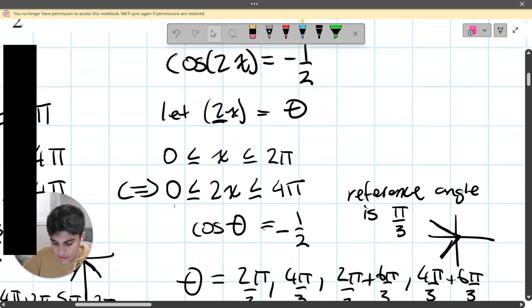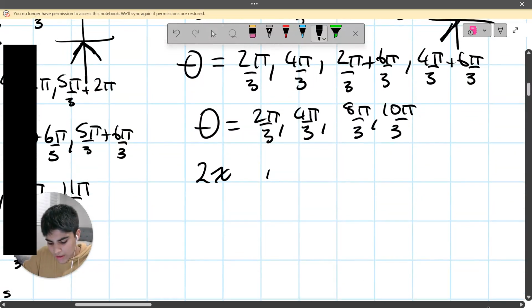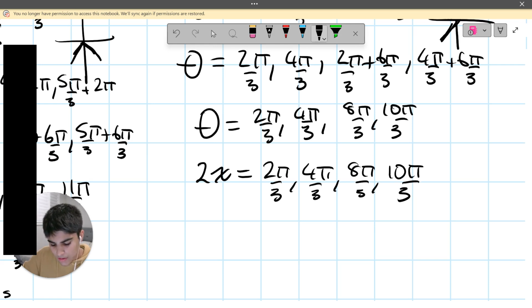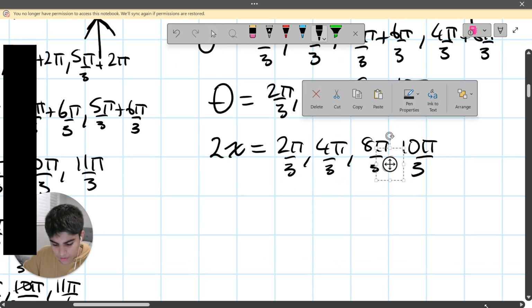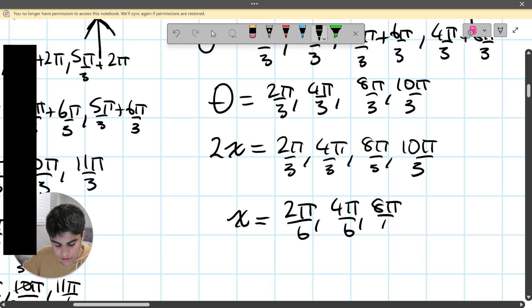Now let's sub in the value for theta back in. 2x equals 2 pi on 3, 4 pi on 3, 8 pi on 3, and 10 pi on 3. Now let's just divide all these solutions by 2 to now find x. X equals 2 pi on 6, 4 pi on 6, 8 pi on 6, 10 pi on 6.